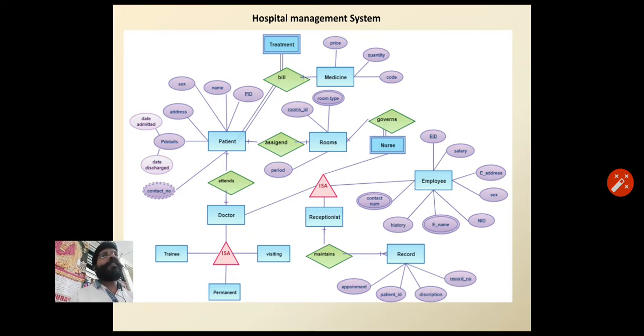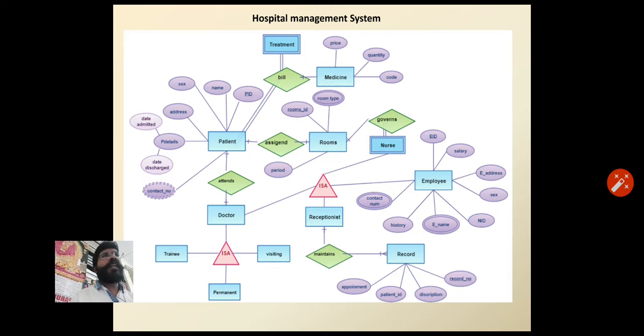The hospital management system has patient, nurse, employees, doctor, records, medicines and also treatment. Room: if the patient is an indoor patient, then a room is allocated. If an outdoor patient, then no room is allocated.